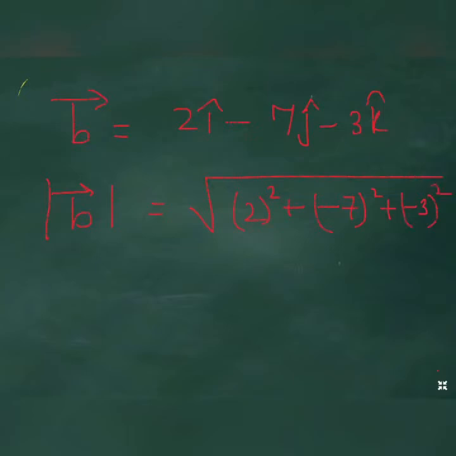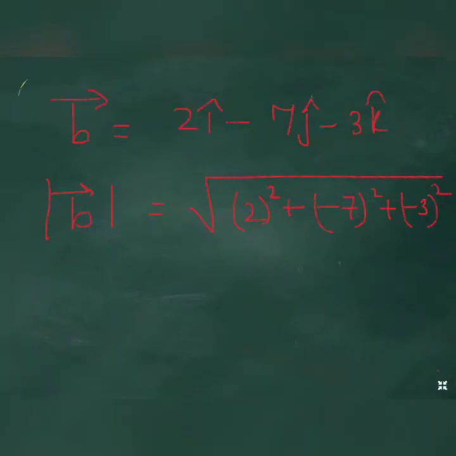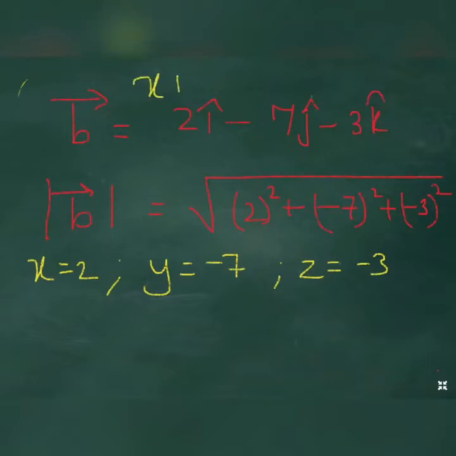Since here x is equal to 2, y is equal to minus 7 and z is equal to minus 3. Why? Because we know the general form of any vector in component form is x i cap plus y j cap plus z k cap respectively.